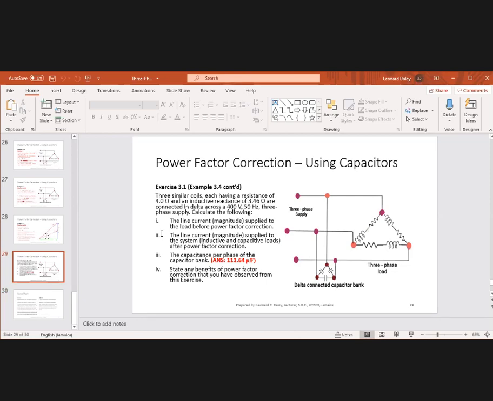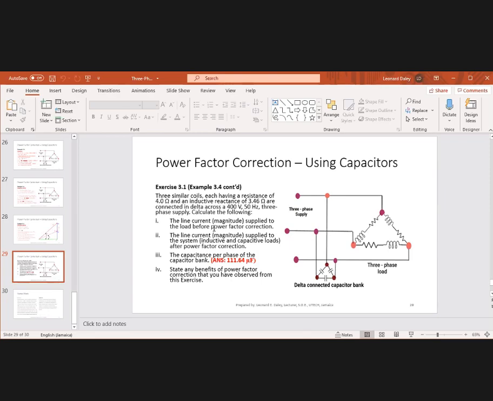Right there, sir. So, did you find these currents? Sir, something that confused me was that it says the magnitude for the line current, and I was wondering if we need all the individual line currents or if one could substitute for all.